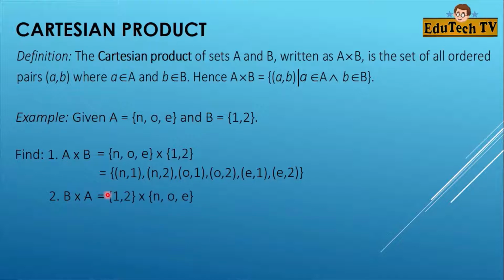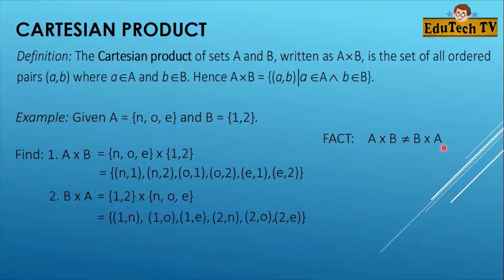So again, we have to write the elements of B times elements of A. Then multiply 1 and N, 1 and O, 1 and E. Next, proceed to 2: 2 N, 2 O, then 2 E. So this is the product of B times A. If you notice, they don't have the same product, so that is why we have the fact that A times B is not equal to B times A.